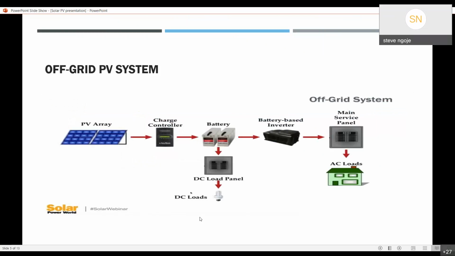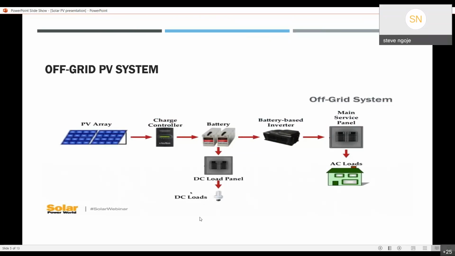Let me move forward. We have off grid PV systems that we were talking about. In this setup, this is a DC coupled system, in the sense that we have the PV connected to a charge controller, then the charge controller is connected to the batteries.